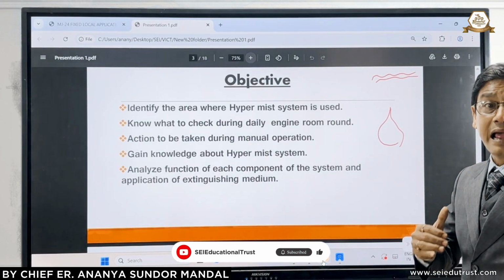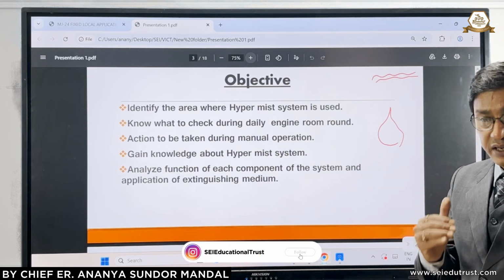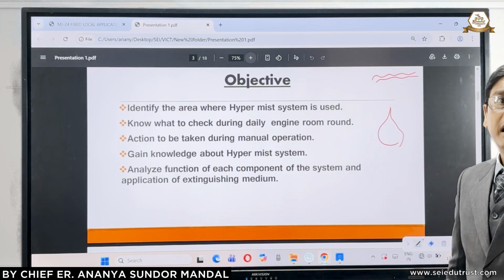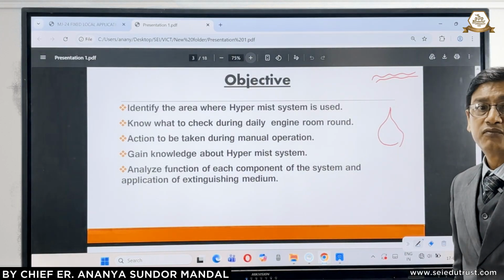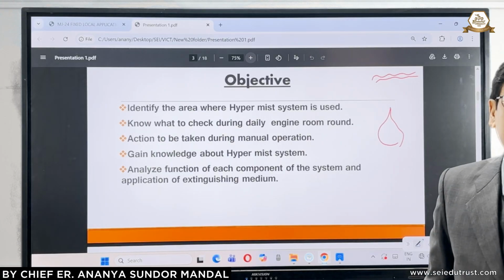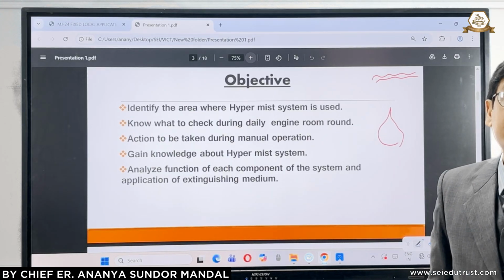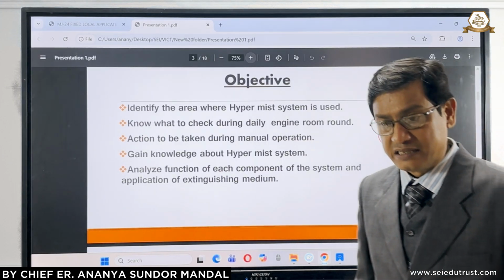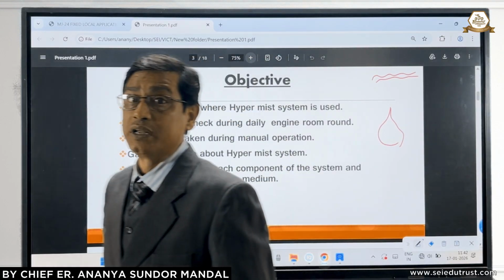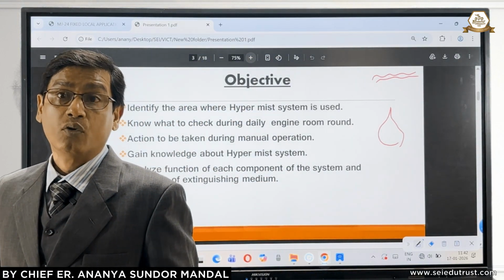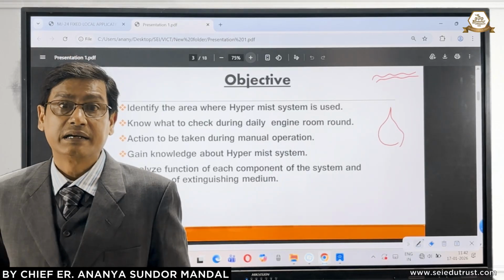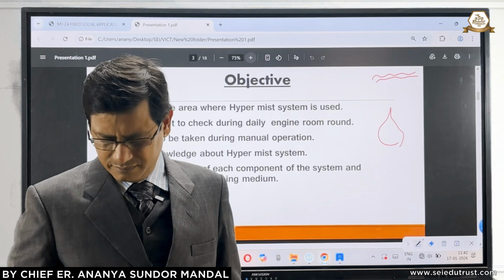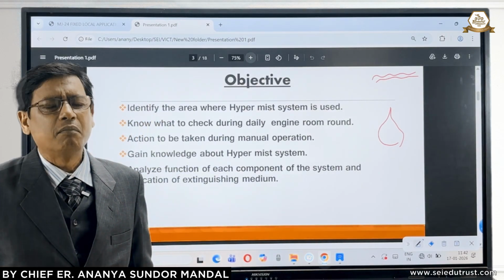When water mist absorbs heat from the top of fire, it converts to vapor. For conversion from liquid to vapor, water needs latent heat of vaporization. The value of latent heat of vaporization is 536 calorie per gram, whereas specific heat of water is 1 calorie per gram per degree centigrade.